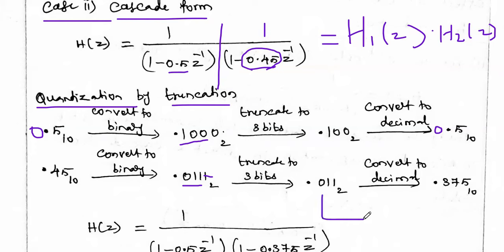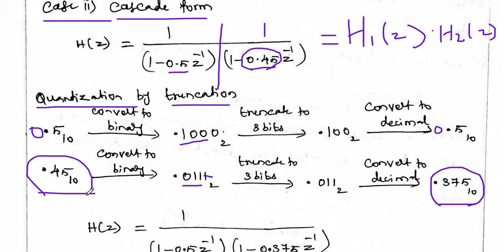Then this binary number you convert into decimal. You already know the procedure. 0 multiplied with 2 to the power minus 1, then 1 multiplied with 2 to the power minus 2, this 1 multiplied with 2 to the power minus 3. You add it, you get the answer 0.375. So here you see the filter coefficient after quantization: 0.45 is converted into 0.375.